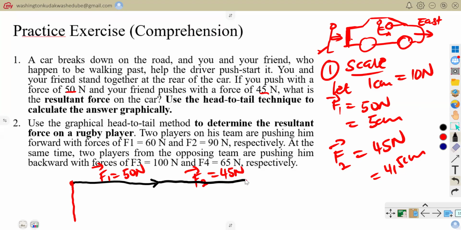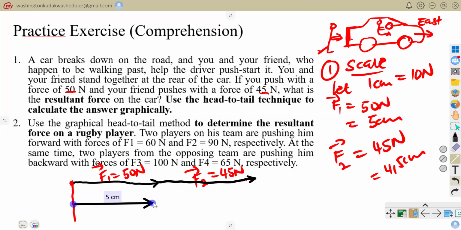My vectors are going in that direction. The first one is actually 5 centimeters in length, so I need to draw 5 centimeters starting from my starting point. I will draw my 5 centimeters going to the east.